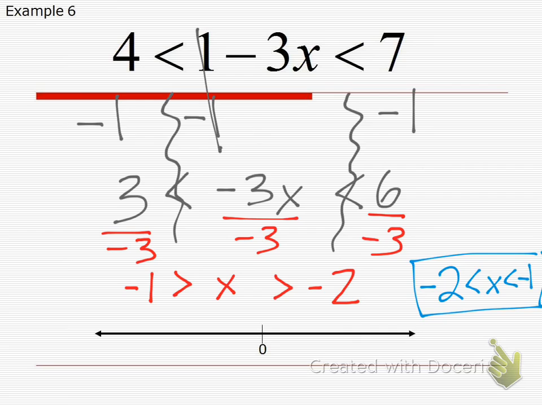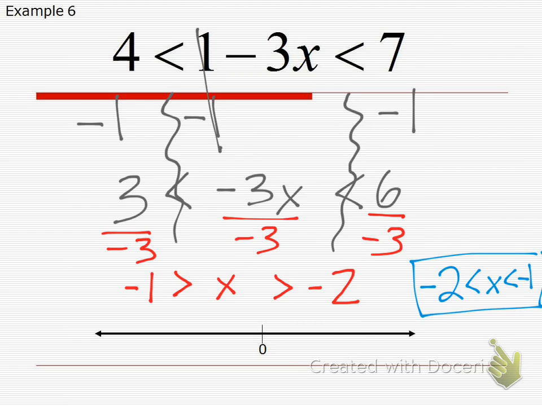Okay, I could tell that some of you were not a big fan of doing it all at once. That's fine. If you don't want to do it all at once, here's what you would do. You would set up 4 less than 1 minus 3x. You would solve that inequality. Then you would set up 1 minus 3x less than 7, and you'd solve that inequality.